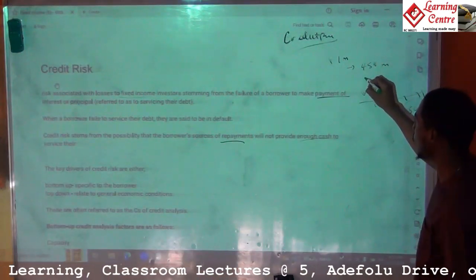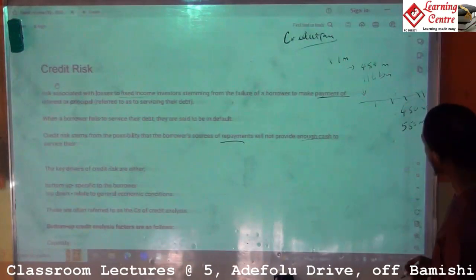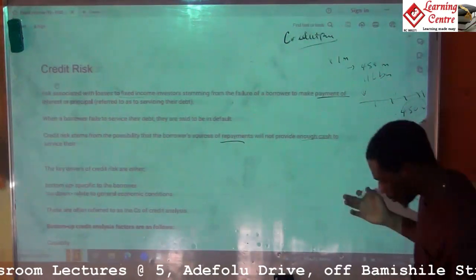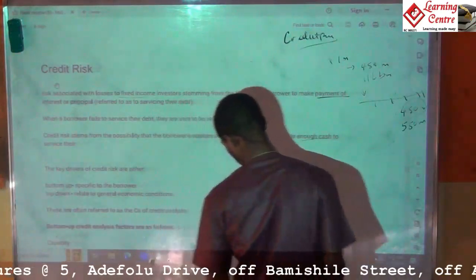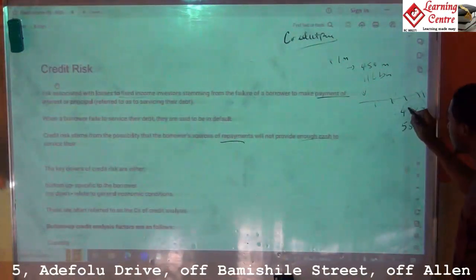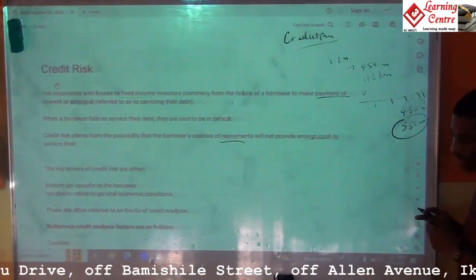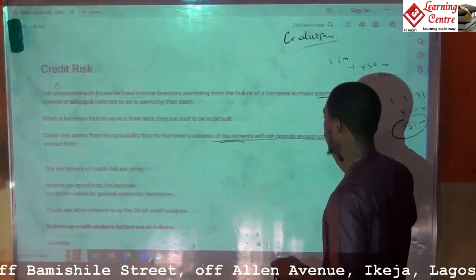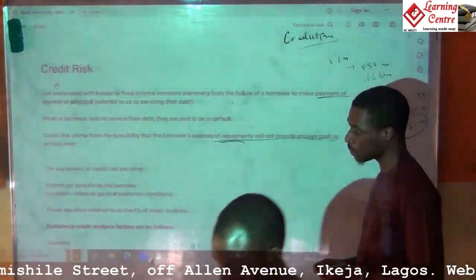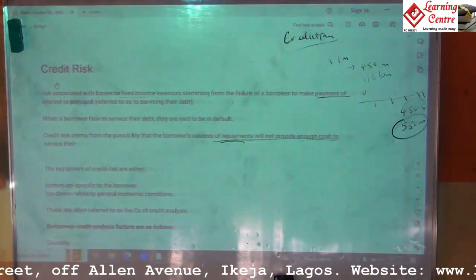So you now have to pay 1.6 billion, and the entire project cannot give more than 550 million at best. That's the case when the source of payment cannot provide more cash flow to service the debt.